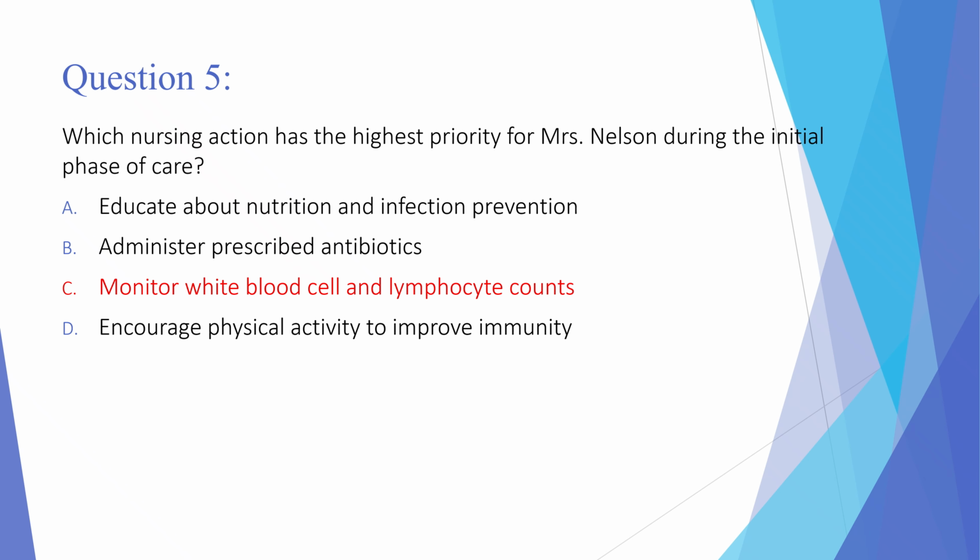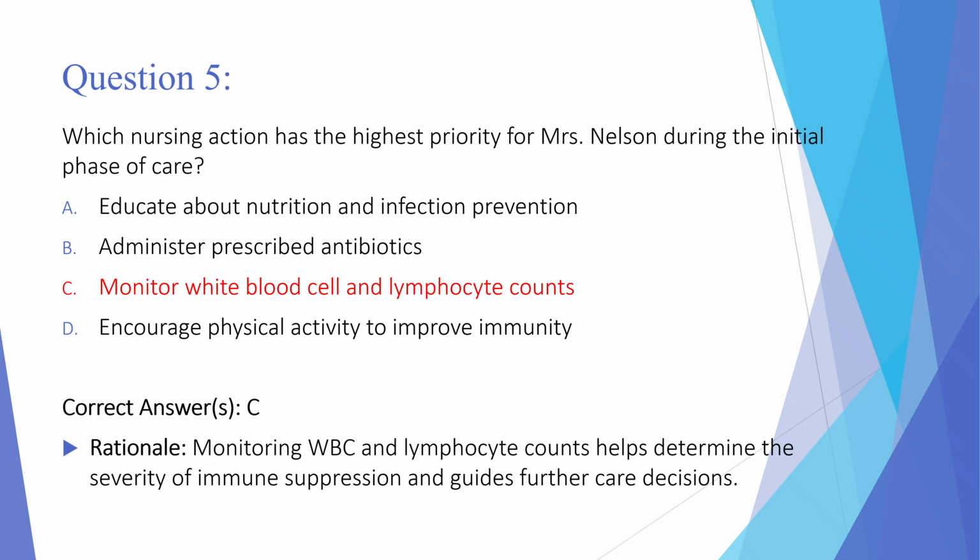So monitor white blood cell and lymphocyte count, because monitoring them helps to determine the severity of immune suppression and guides further care decisions.